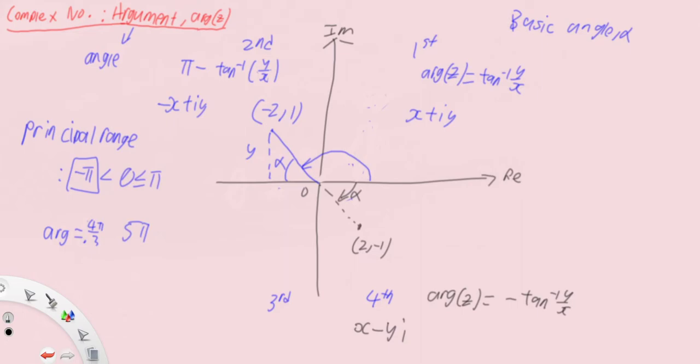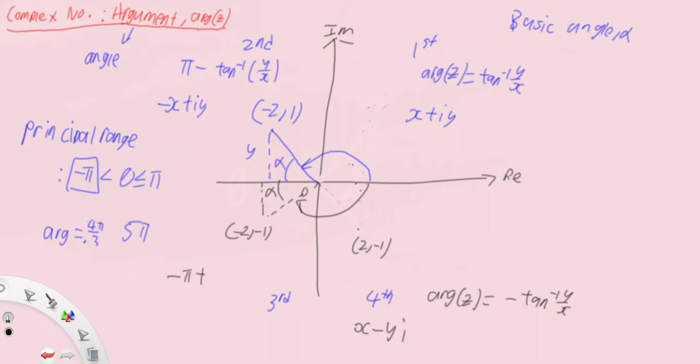Now the third quadrant, we have both negative, so minus 2, minus 1. I'm going to erase the fourth quadrant. Now your basic angle is right down here. Your argument starts from here all the way to there. What you notice is that it's the same thing as the second quadrant, but now it's negative. Your argument is minus pi plus the basic angle, because the basic angle is always positive.